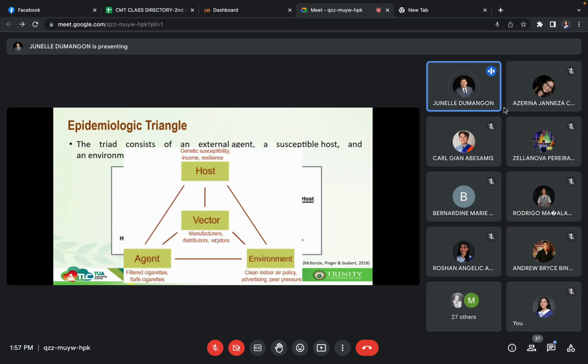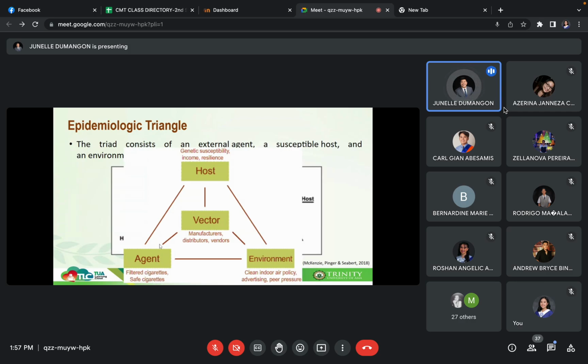So the example given here is lung cancer. Okay? So, lung cancer daw. Sino yung host? Siyempre, yung patient who developed lung cancer. Okay? Ano yung agent natin? Ano ba yung nagdala ng lung cancer sa kanya? Cigarettes. Okay? Cigarettes.